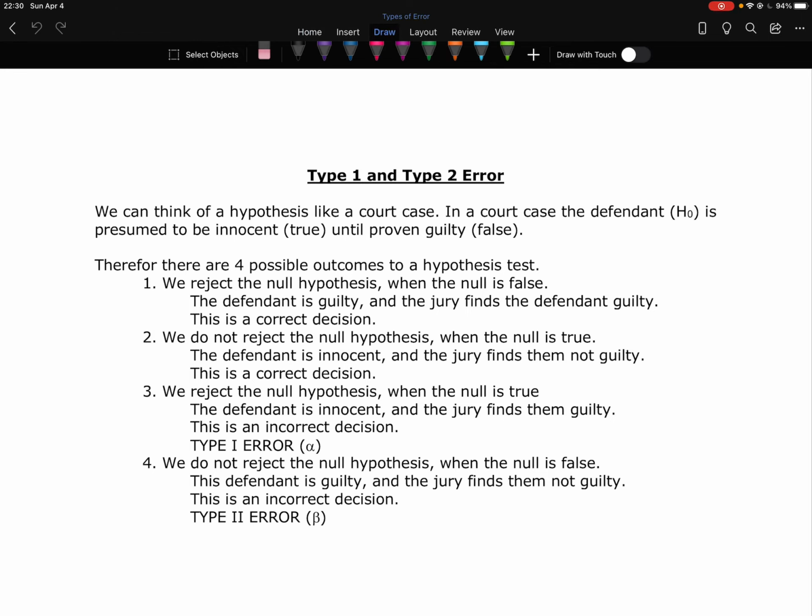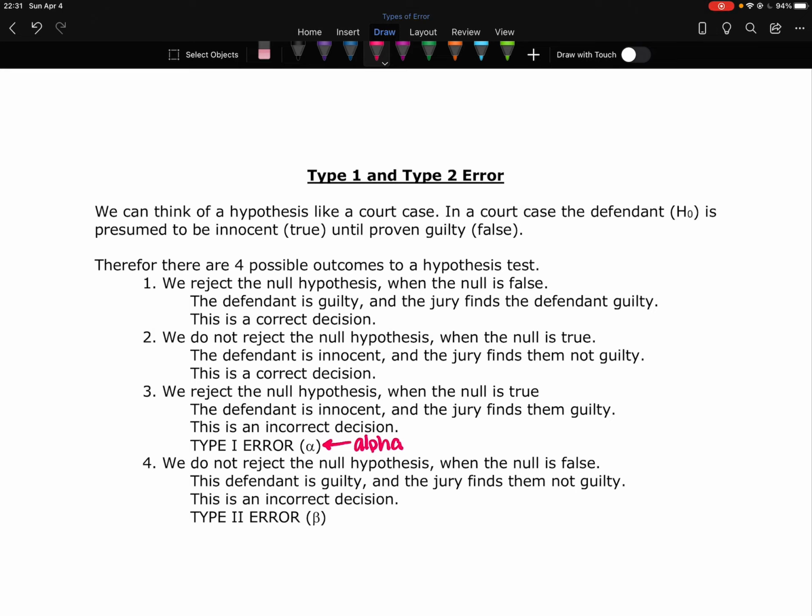And one of the ways that we do this is through this type 1 error. This symbol here next to it, this is called alpha. And we're going to see this alpha value in our hypothesis tests. And this value will change from test to test.